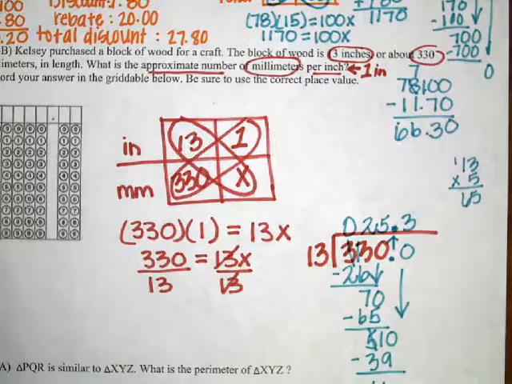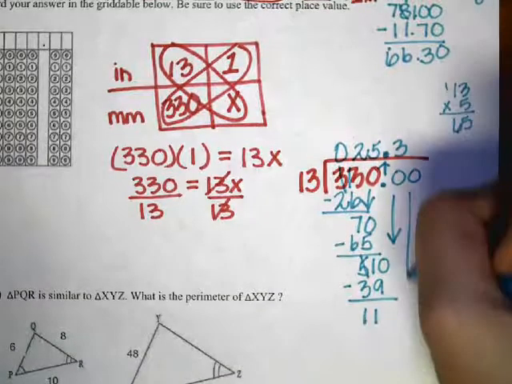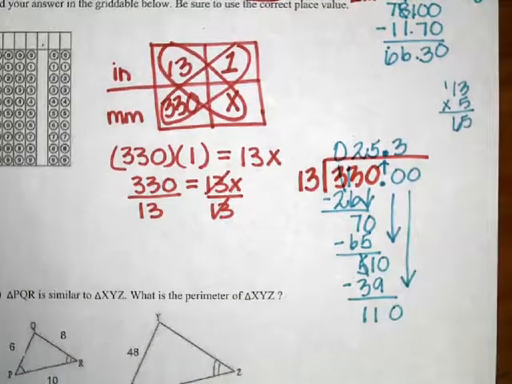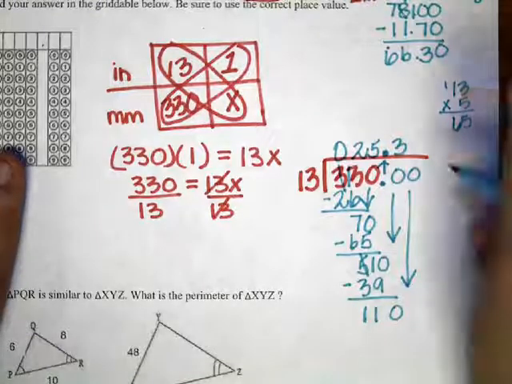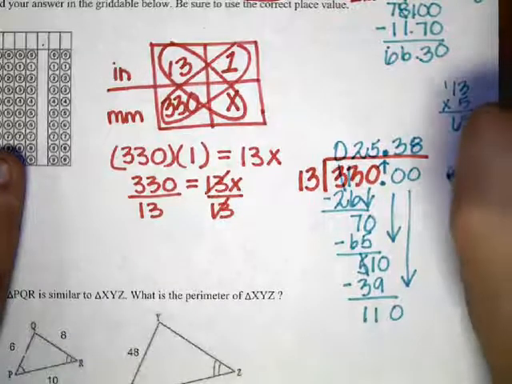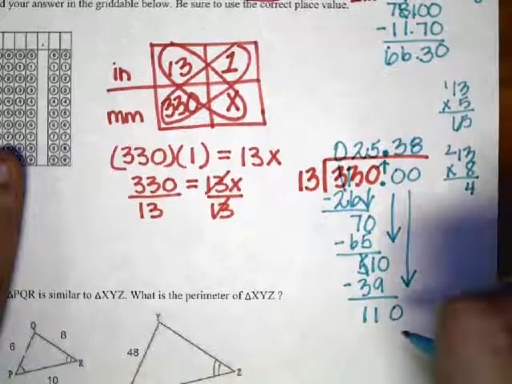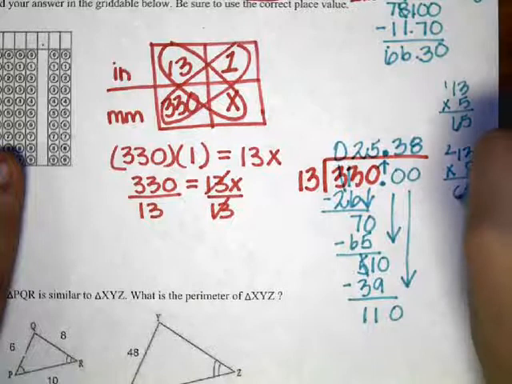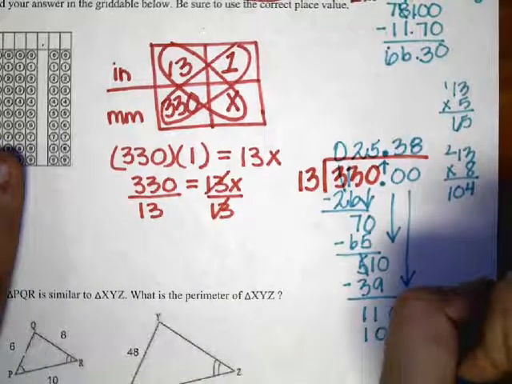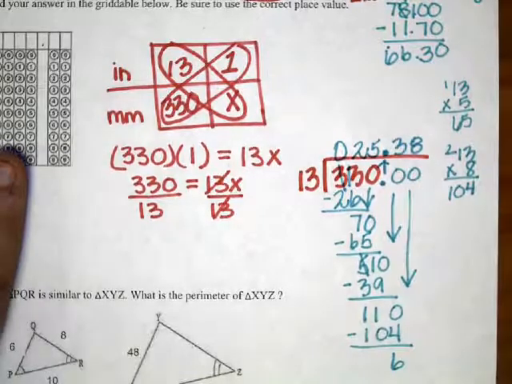We are giving 11. Add a 0, carry it down, and then we have 110. 13 can go into 110 8 times, giving us 104. And we get 6.